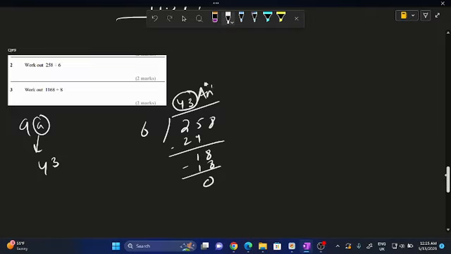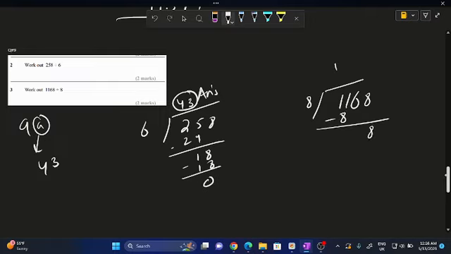Question number 3 is 1168 divided by 8. Now you have to read the table that comes closer to 116 but should be less than that. You know that 8 times 1 is 8. Right over here.